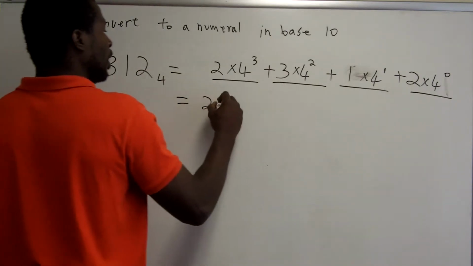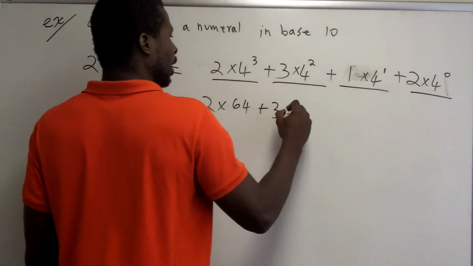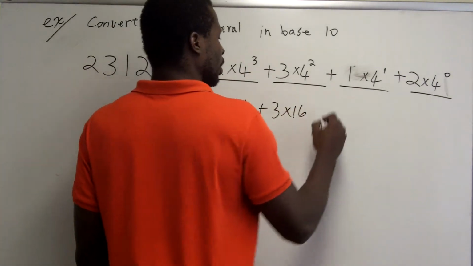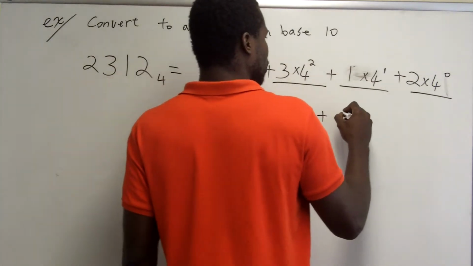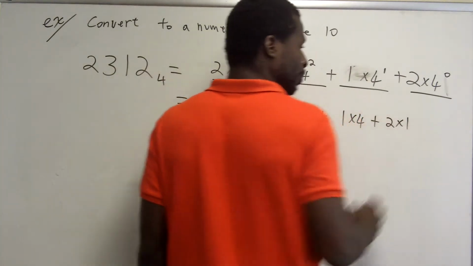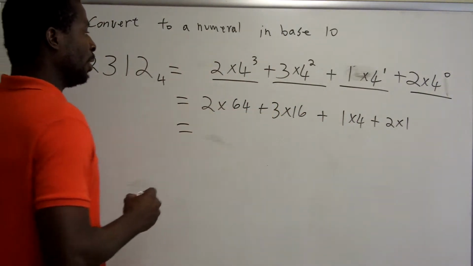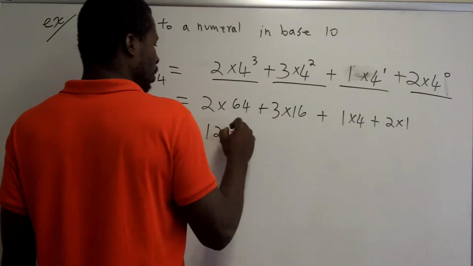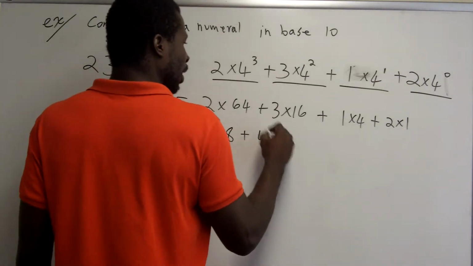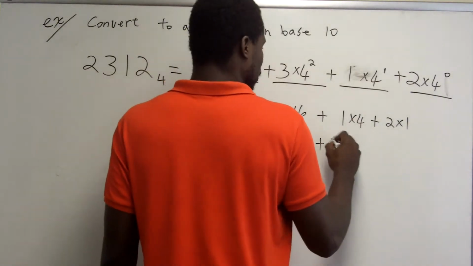So this is 2 times 64 plus 3 times 16 plus 1 times 4 plus 2 times 1. We're just going to do this arithmetic, which is 128 plus 48 plus 4 plus 2.